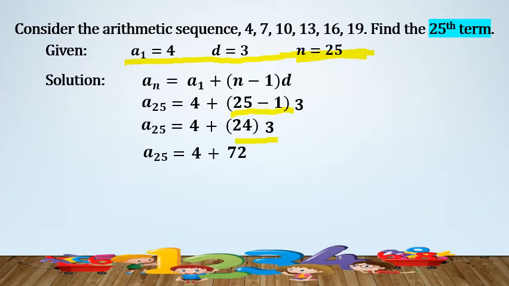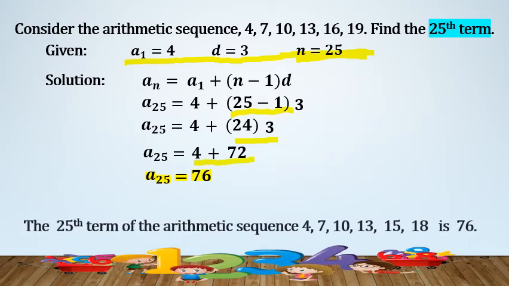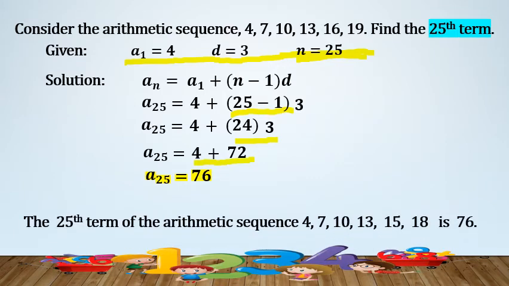Magiging 72. A sub 25 equals 4 plus 72, we have 76. The 25th term of the arithmetic sequence 4, 7, 10, 13, 16, 19 is 76.